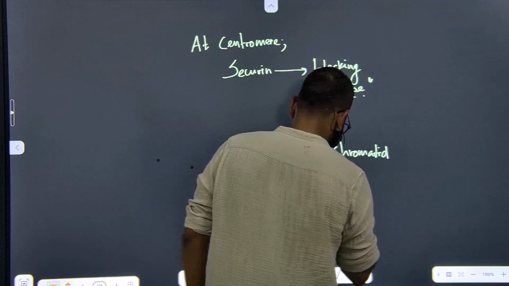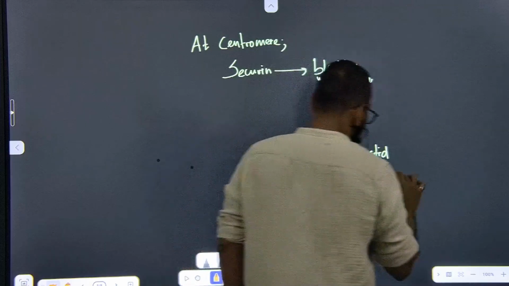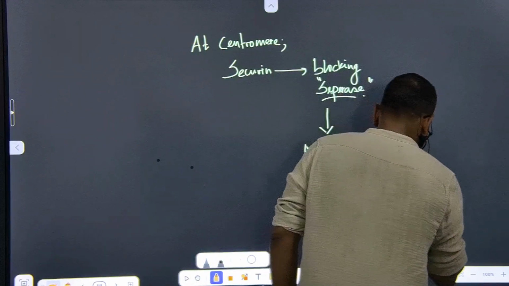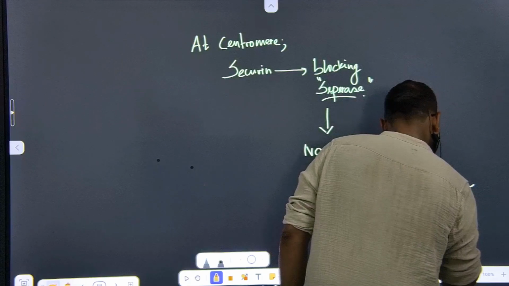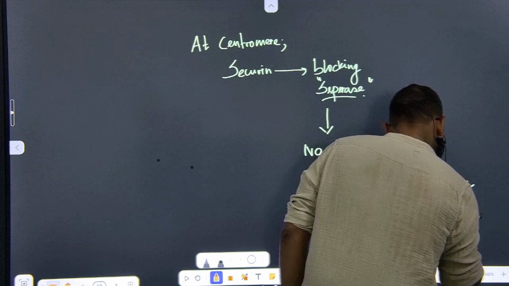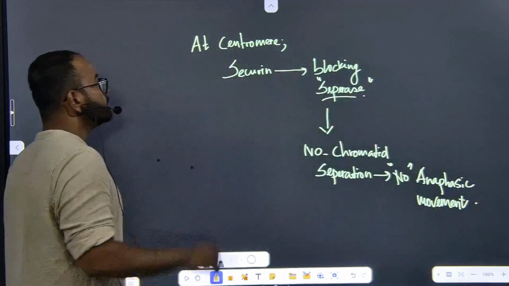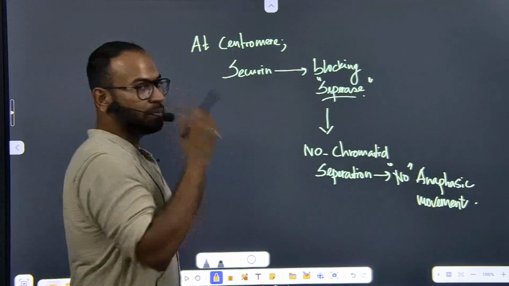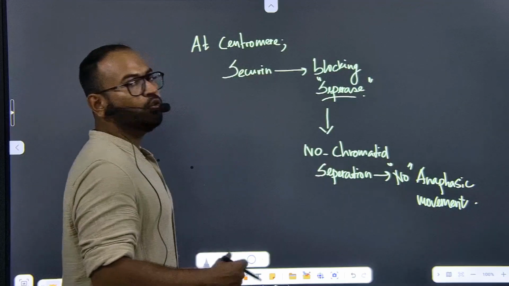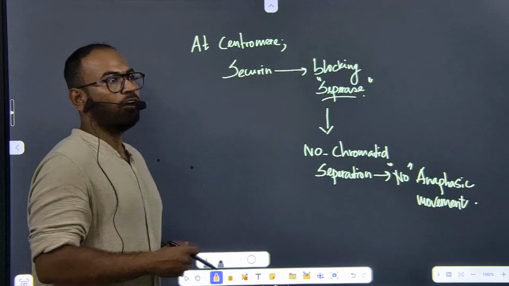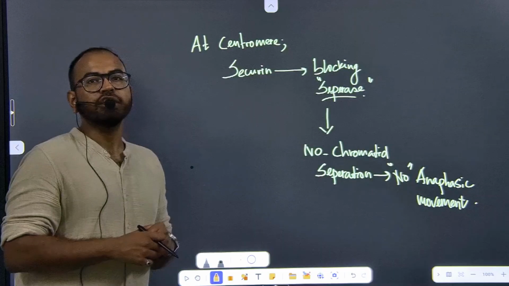As a result, no anaphasic movement. But if this phenomenon takes place, then there won't be any movement of chromatids to the opposite pole, and hence the entire cell division will be ceased.